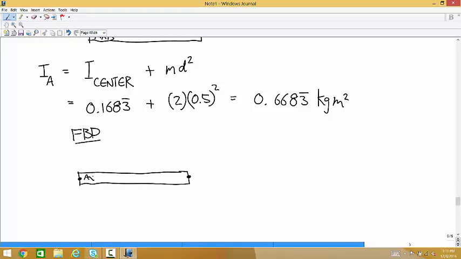So here's the axis. We have a downward force of 10. In the middle, we have a downward force of 2 times 9.81, so 19.62. And then at this end, we have an upward force of 5. And we're going to do the same thing we did before, just one by one calculate the moments due to each one of these individual forces.